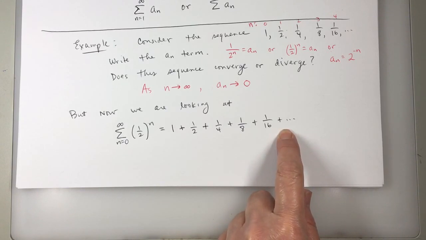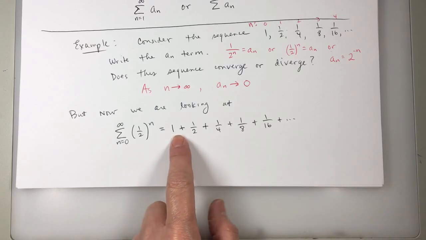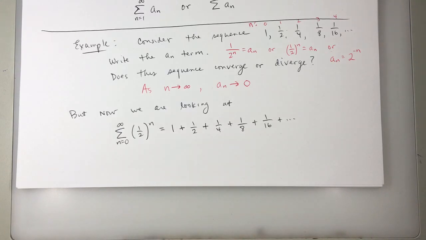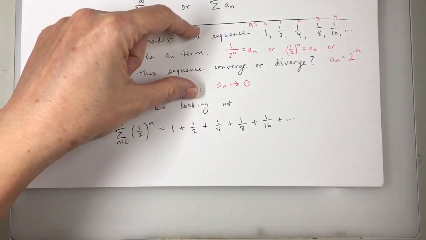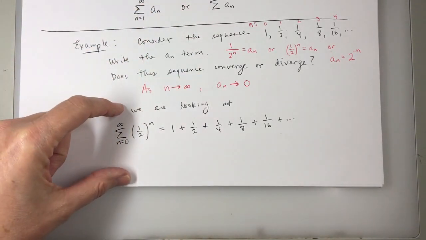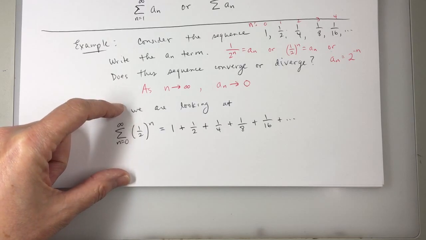No. The sequence is going to 0, but that sum is bigger than 1. It's not going to 0. So we talk about a sequence converging and a series converging, and that's two different questions.